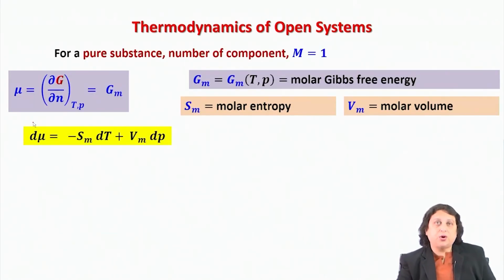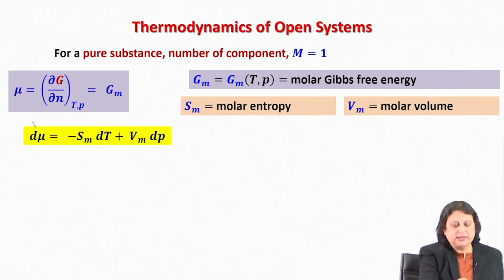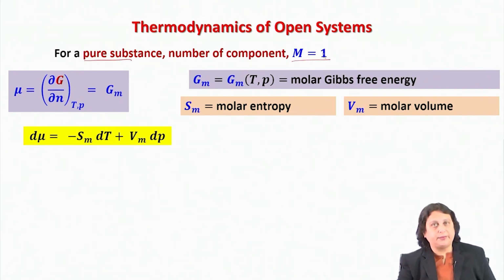Now we have started talking about what happens to chemical potential for a pure substance where the number of components M is equal to 1.